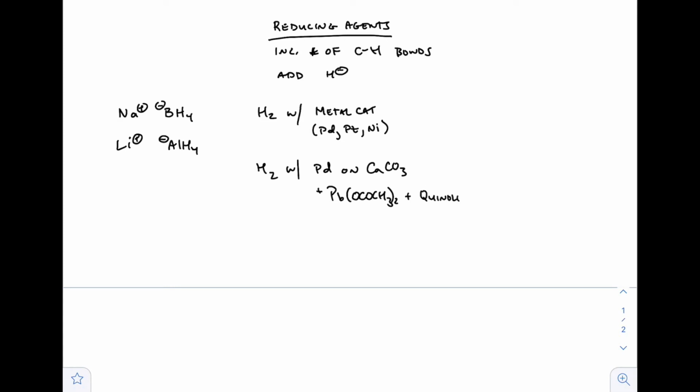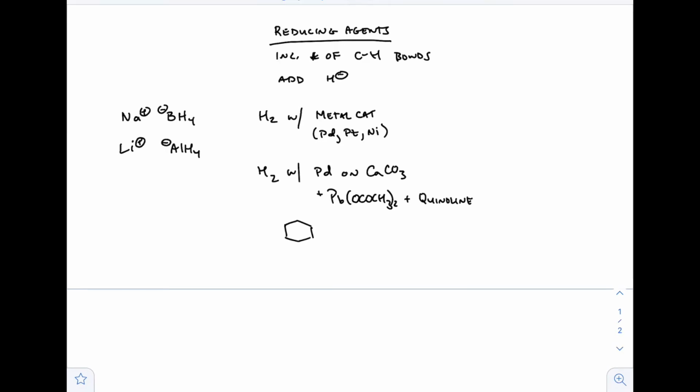You can also abbreviate acetate as OAc. And then that also has quinoline. Quinoline is 2 fused rings together. One is a heterocycle, and it's got a nitrogen in there. The palladium catalyst above is really super strong, and this palladium with lead and quinoline is what we would call a poisoned catalyst, and so it's less reactive.